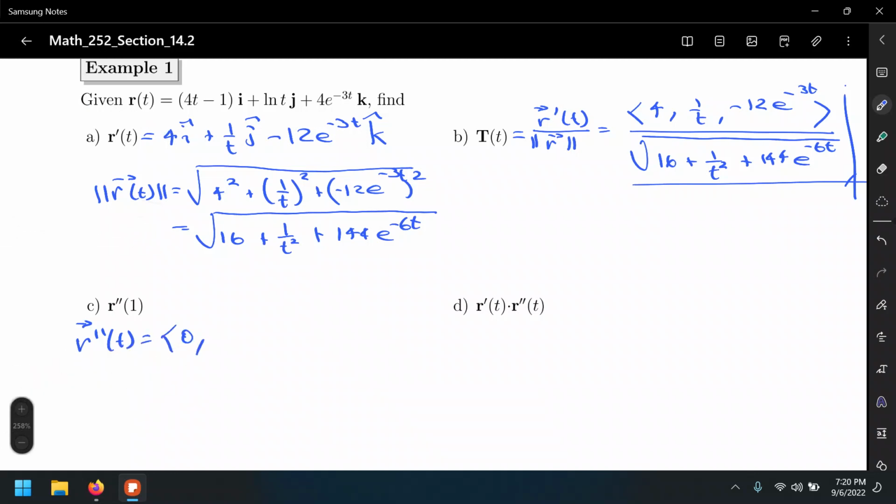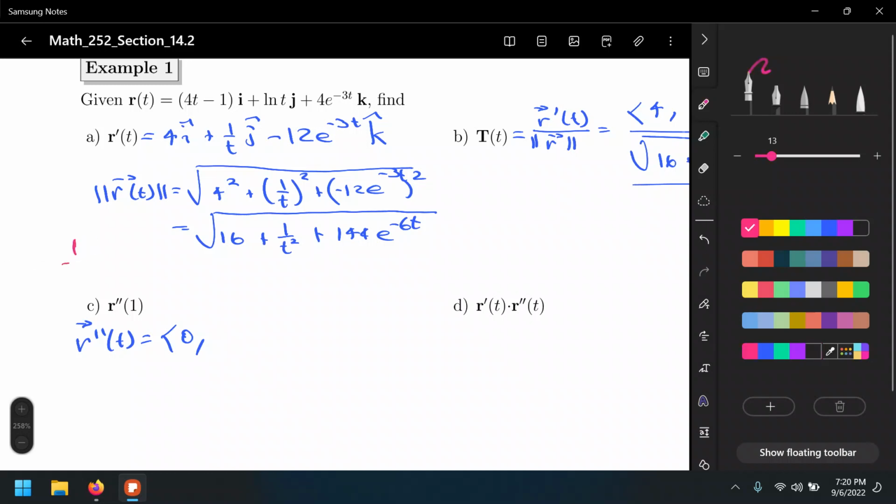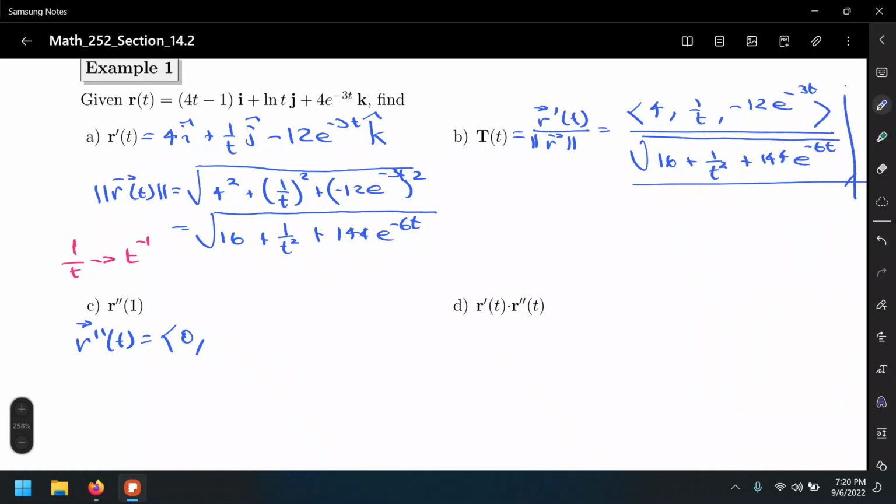The derivative of 1 over t, how about we write that as t to the negative 1, so the derivative should be negative t to the negative 2. And then the derivative of this exponential, 12 times 3, that's 36. Negative times a negative is positive, 36 e to the negative 3t.